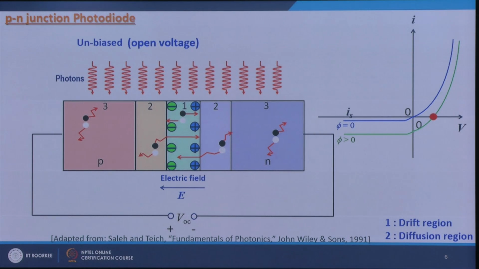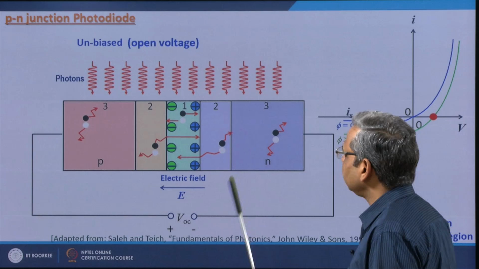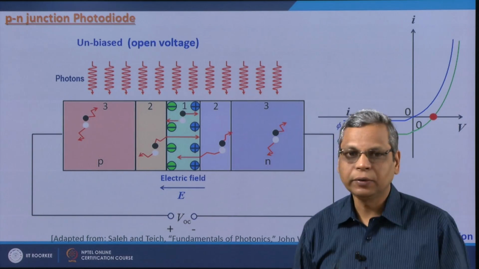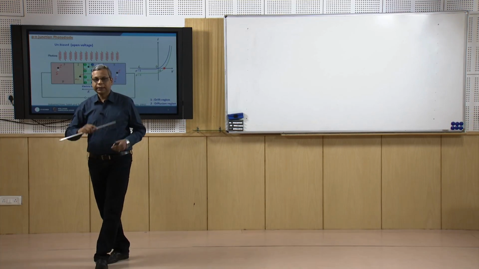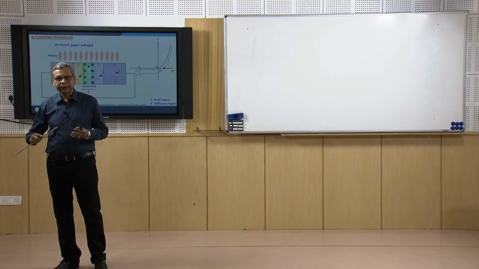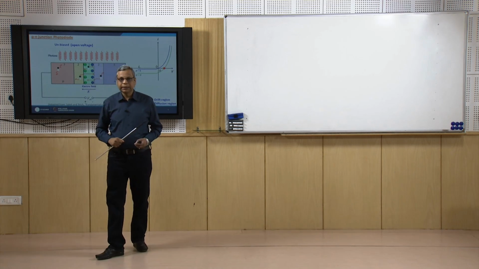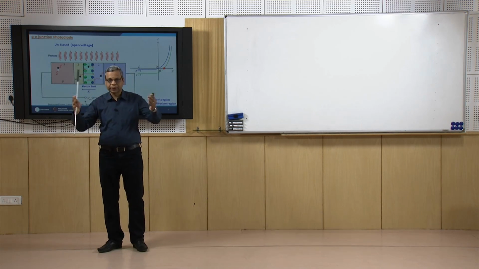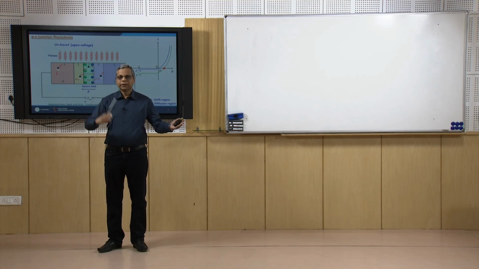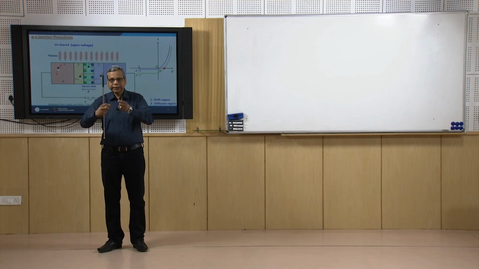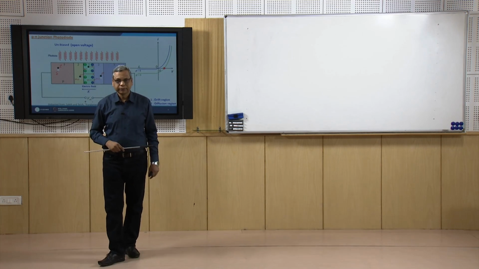But if the circuit is not closed, then electrons gather on this side and holes gather on this side. So, basically, by incidence of optical energy, I have generated electron hole pairs, and because of this internal electric field, there is charge separation. Electrons on the n side, holes on the p side, and when there is charge separation, it works like a battery.